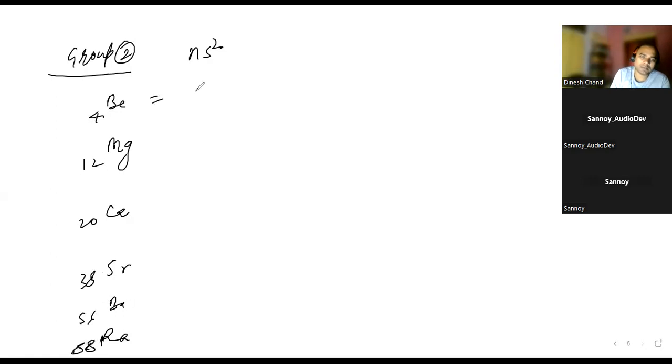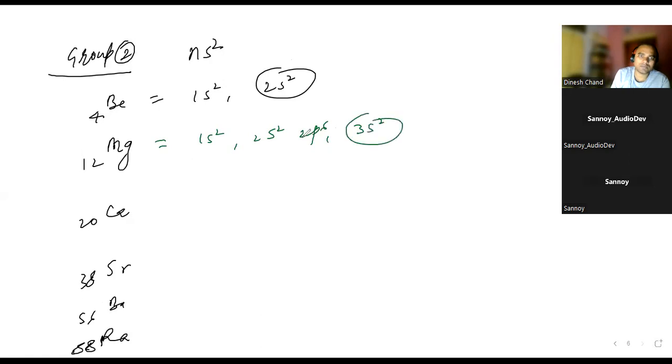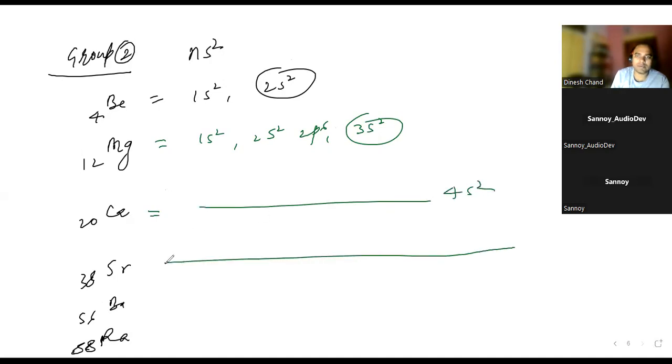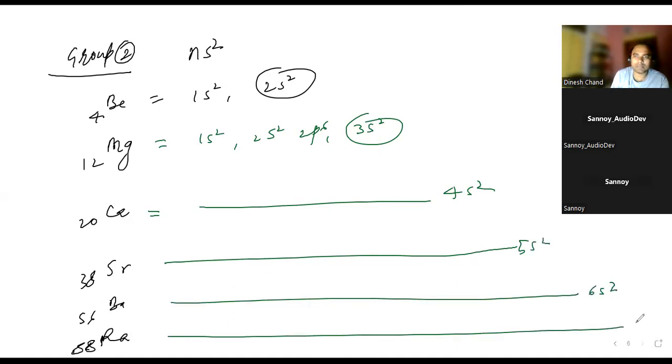What will be there? That is 1s2, 2s2 configuration. Can you see the 2s2? It is coming. Next one you see: 1s2, 2s2, 2p6, then 3s2. The next one will come 4s2, then 5s2, then 6s2, and the next one 7s2.